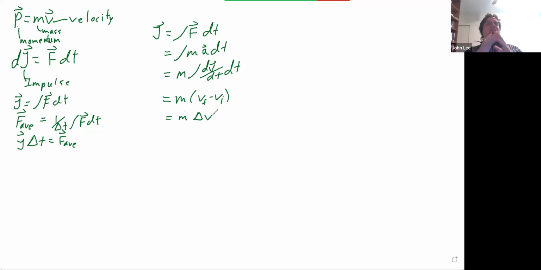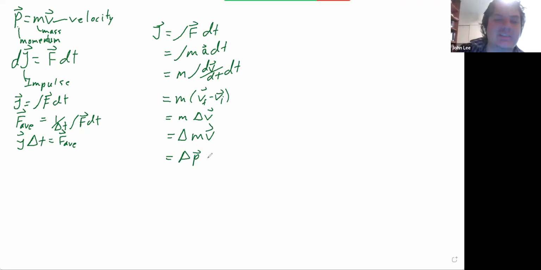So if mass doesn't change, then this is going to be equal to delta mv, which is the change in momentum.